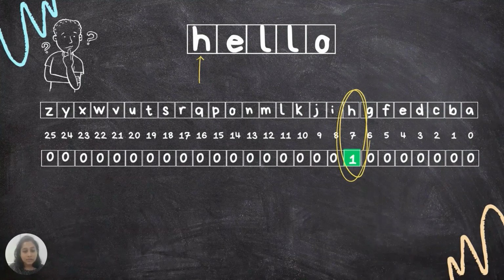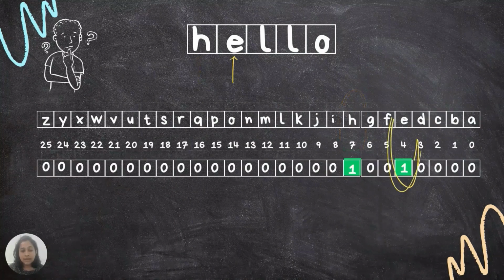Whenever I iterate over the string, the first letter is H, and you remember that we have found the positions for these characters. H is mapped by 7. So at position 7, I have set the bit.